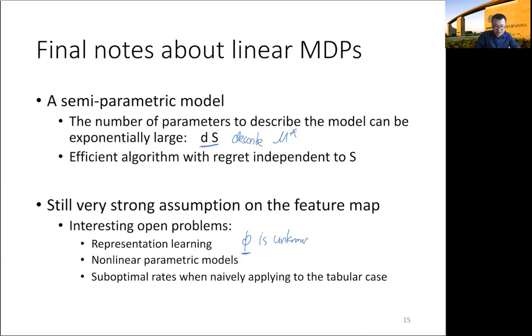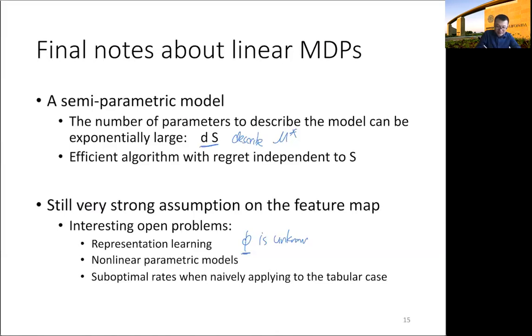Another somewhat technical issue is that when you directly convert the best result that people have obtained for linear MDP to the tabular setting, so remember that linear MDP is strictly more general than the tabular setting, because you can write the tabular setting as a special case of linear MDP with a specifically chosen feature map, and with specifically chosen phi star, mu star, then the direct application of the optimal rates in linear MDP actually leads to suboptimal dependence on the dimensionality, or in the tabular case, the state space.